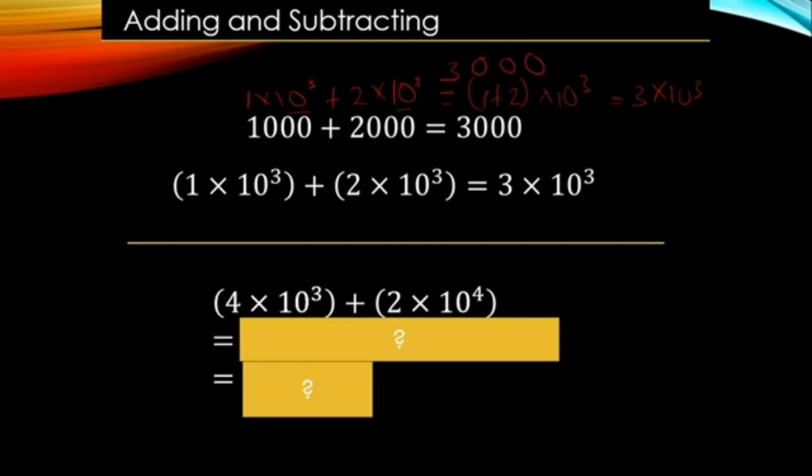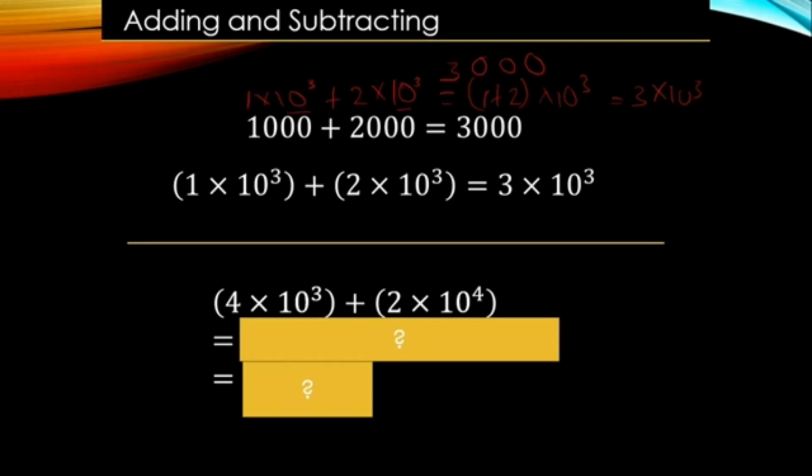Let's try another one. This one is a bit different. 4 times 10 to the power 3 plus 2 times 10 to the power 4. We can see here that the powers of 10 are different. To the power 3, to the power 4. What you can do here is you can either convert all of these numbers to power 4, both of these ones, or you can convert them all to the power of 3, so that you can only add these ones, okay?